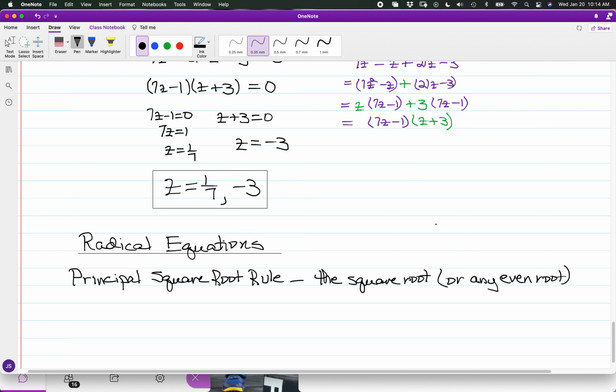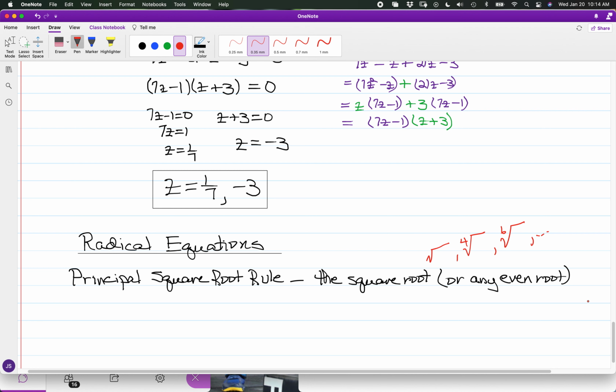What I mean by this is you have the square root, or any even root, like the square root, fourth root, sixth root, and so on. Now with square roots, it's implicit that the index number is going to be 2, but you don't normally see that index number.